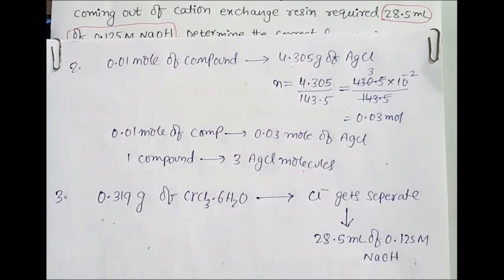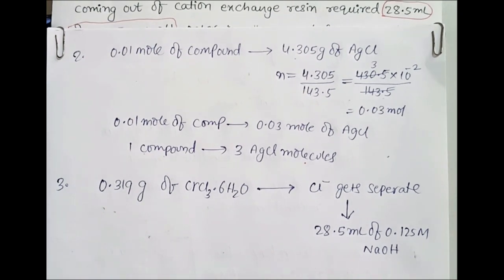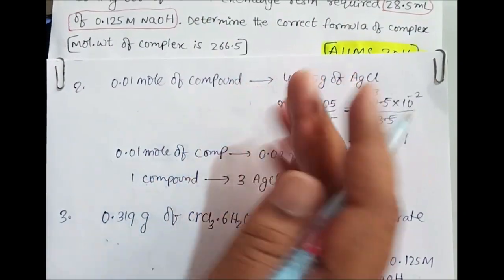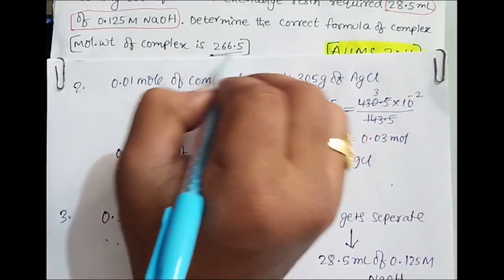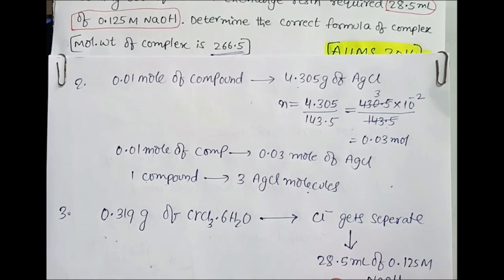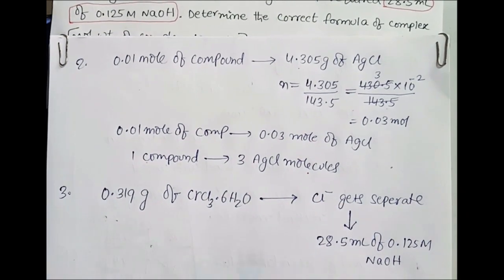Whenever this kind of questions are there, first convert this data into number of moles. Here molar mass is also given, that's a very good thing: 266.5. So convert this one also to moles.